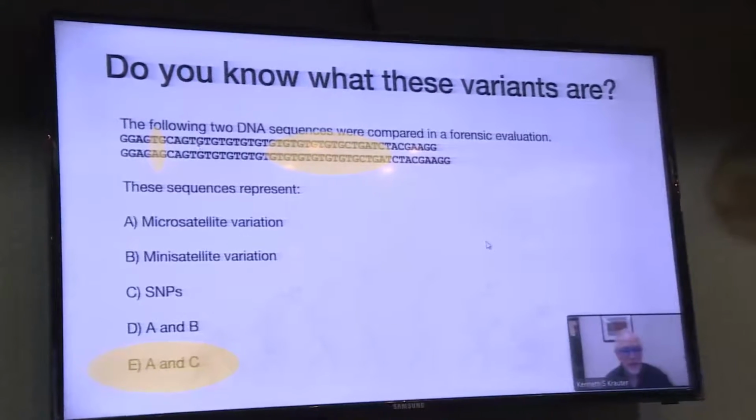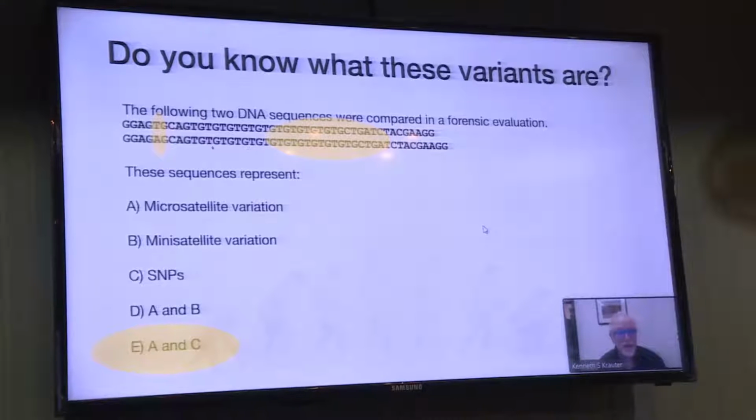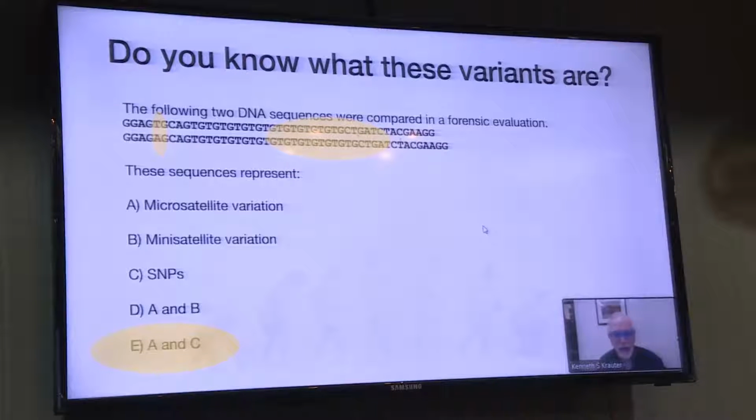Here the GT goes from here to here, whereas in this person it goes from here all the way to here, so there are an extra 2 GT repeats in the bottom one compared to the top one. One could use those differences. If an individual with the top DNA was at the crime scene, you'd be able to distinguish it from the one at the bottom. That's the way this kind of variation could work in forensics.